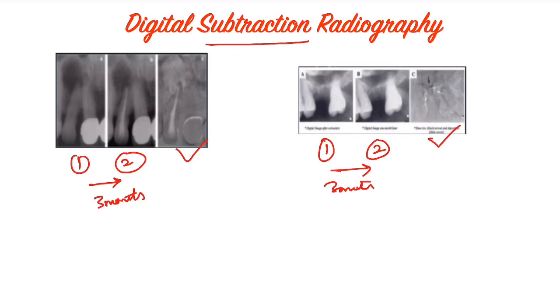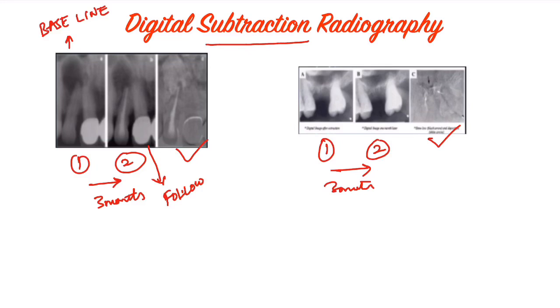The first image you take is considered the baseline, and after a duration of time you take a follow-up radiograph, and you register them and compare the differences between the two images.